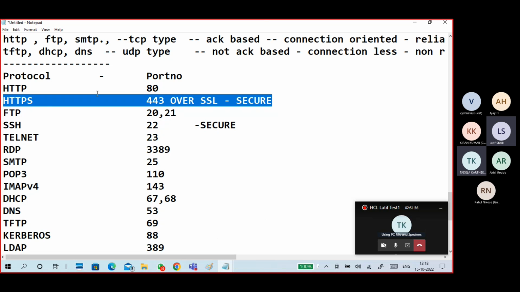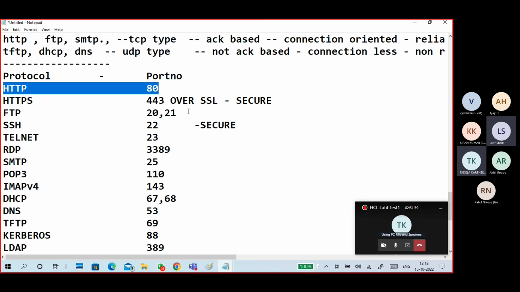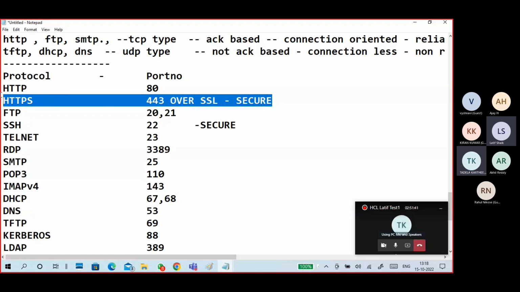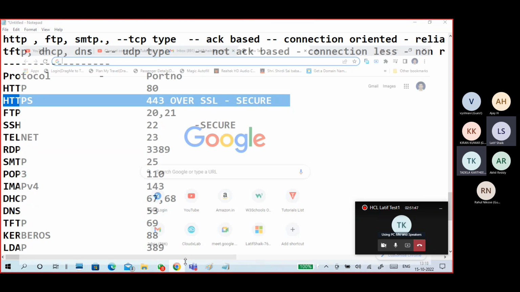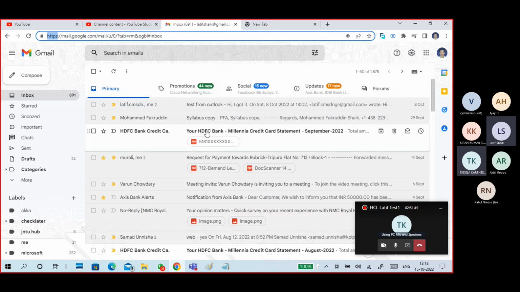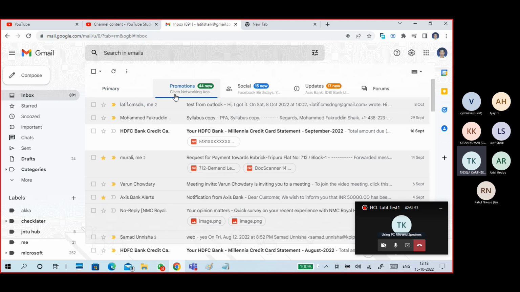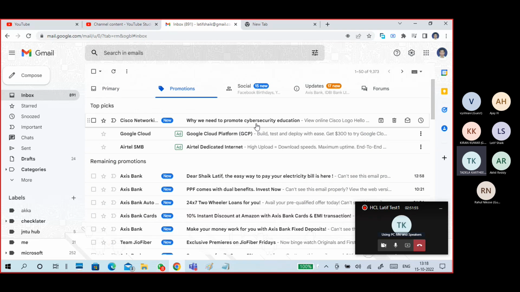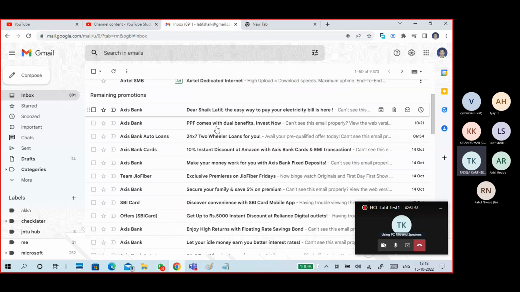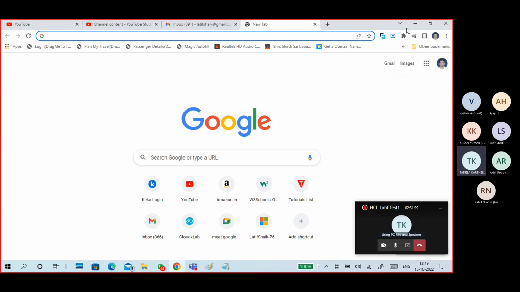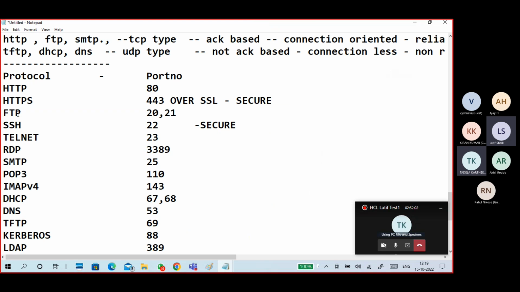If you use HTTP, data is not encrypted, so anybody can look at your data and steal it. But with HTTPS, people cannot see your data. For securing your data transmission, we use HTTPS. Okay, so that is the difference.